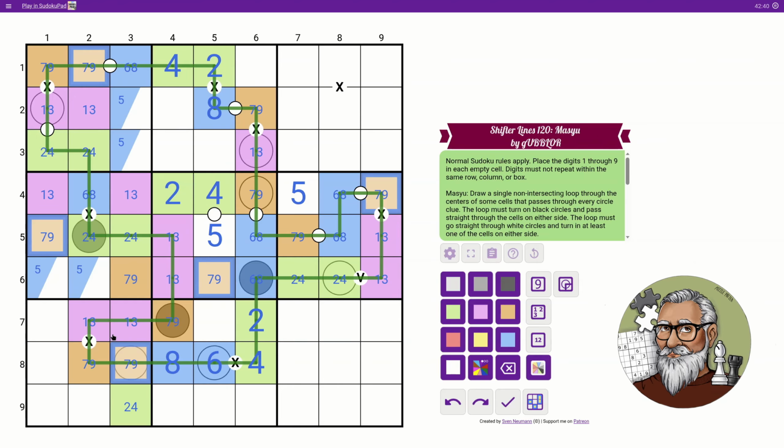How am I supposed to do this? That's really interesting. This one is 8, then this one is 2, and you know that's obvious. But why would that matter?